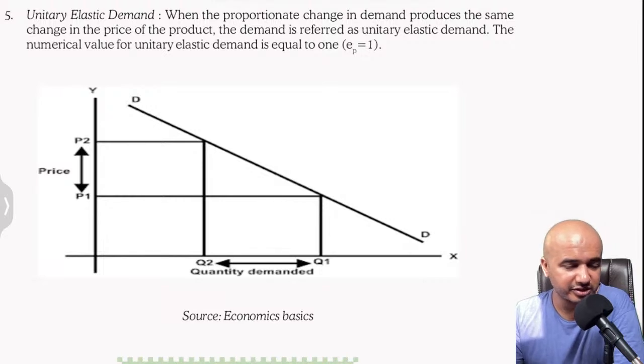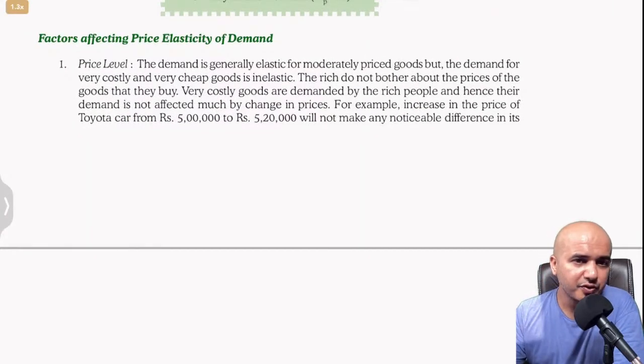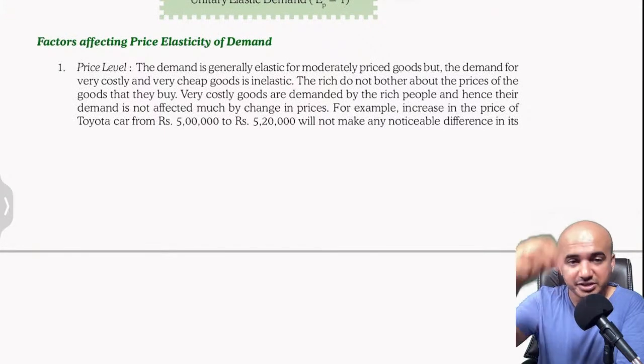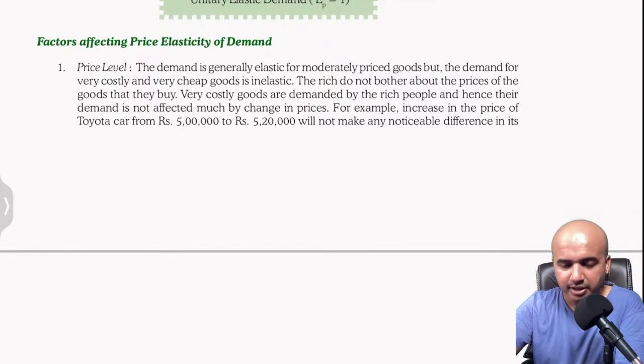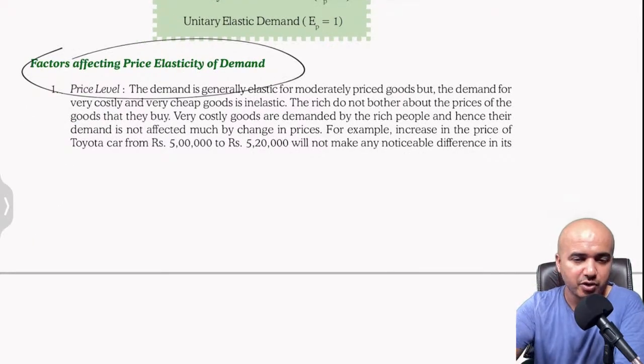No matter how much there is change in price, quantity demanded will also increase or decrease to the same extent. So there are a few factors affecting price elasticity of demand. We'll be closing the session earlier today, so I'll wind up now. Tomorrow I'll be continuing from factors affecting price elasticity of demand.